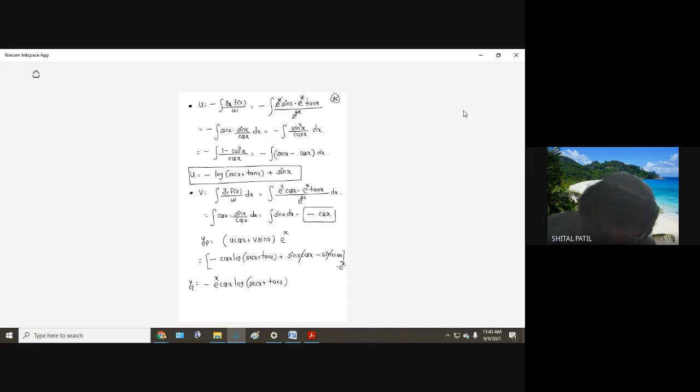This is y of p. Hope you might be getting the answer. Write y of c plus y of p at the end. This is the answer.